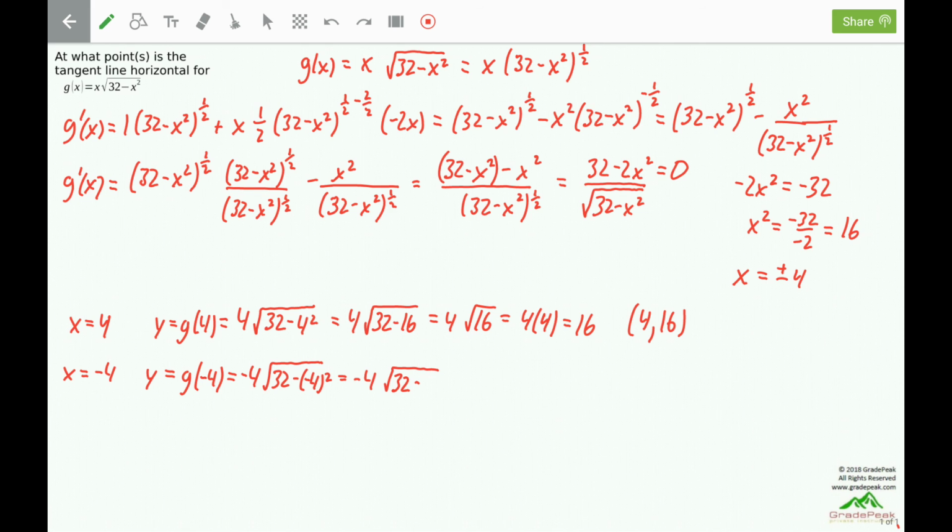Negative 4 times negative 4 is a positive 16. This other negative is outside of the square. So we'll have negative 4 times the square root of 32 minus 16, which is 16. And we'll have negative 4 times the 4, which will give us a negative 16. And the other point will therefore be negative 4, comma, negative 16. There's the 2 points on the graph where we will have a horizontal tangent line.